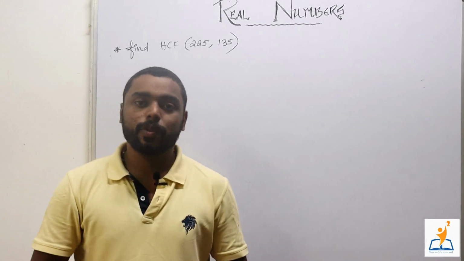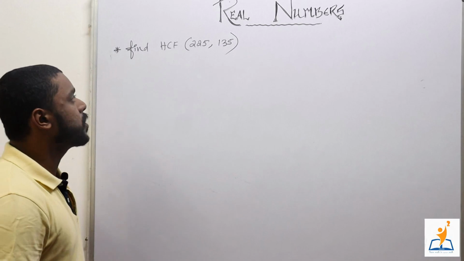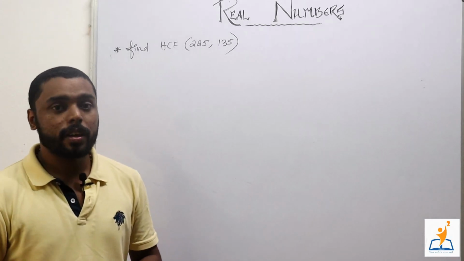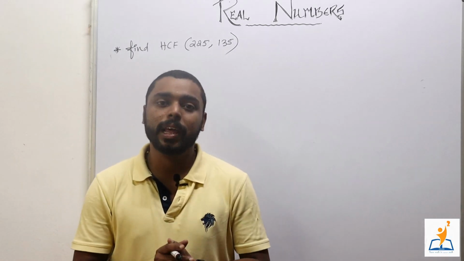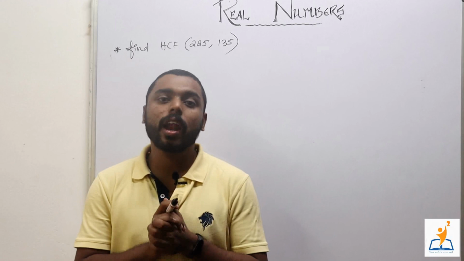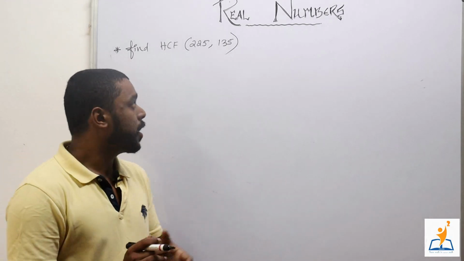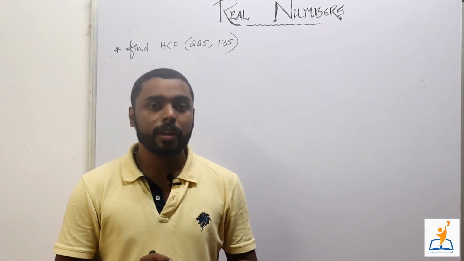Now we shall move into the illustrative examples. The first example: find the HCF of 225 and 135. Now we know that in order to find the HCF of any two numbers, it is enough to apply Euclid's division algorithm. How can we apply it? The two numbers are 225 and 135.